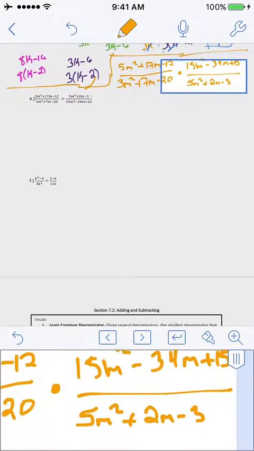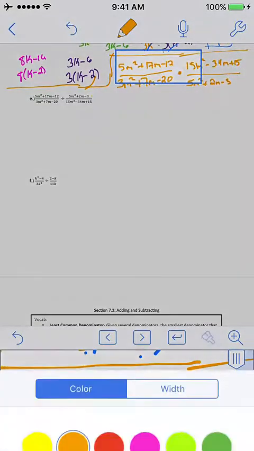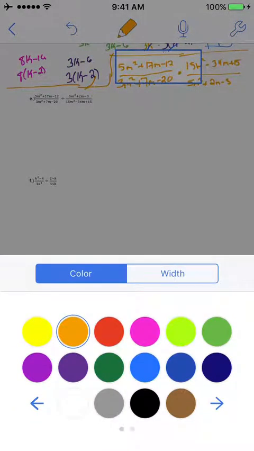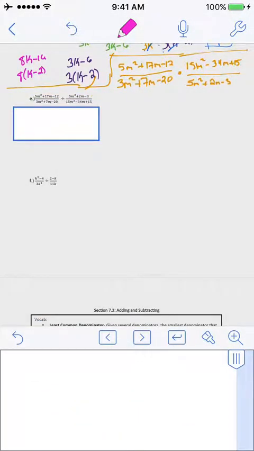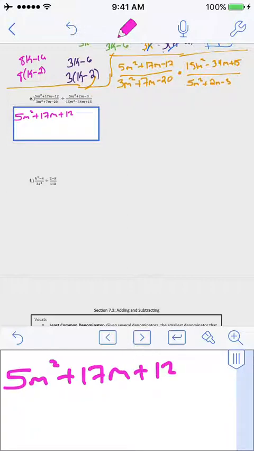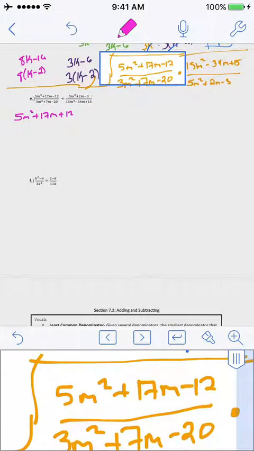Okay, so all I've done is switch these two polynomials here at the end. Now, just like in our last multiplication problems, I'm going to take each one of those and I'm going to factor them, right? So I'm going to take each one of those individually. If I try to do all 4 of them at the same time, of course my mind's going to explode. So I'll take them one at a time. Here is the first numerator that I see in the problem, right? Nope, minus 12, sorry.